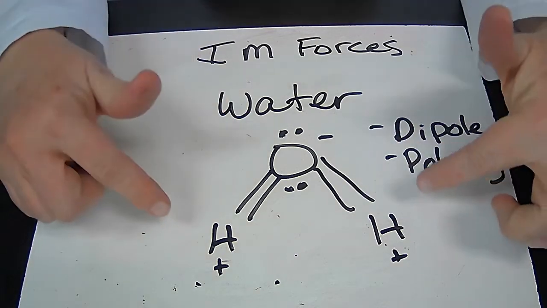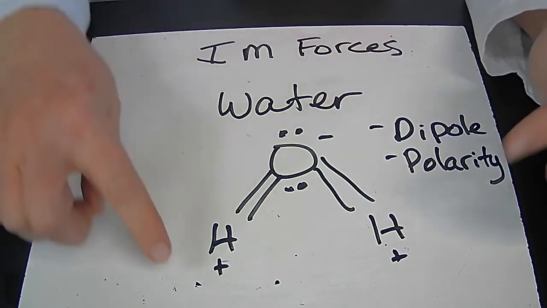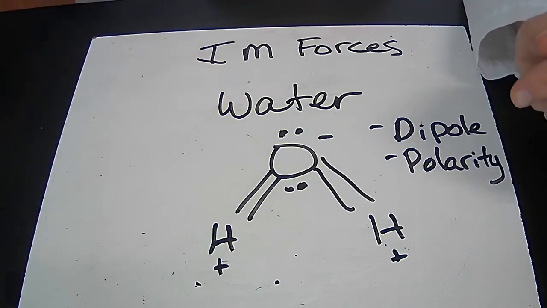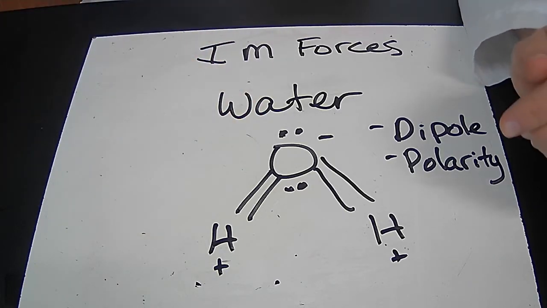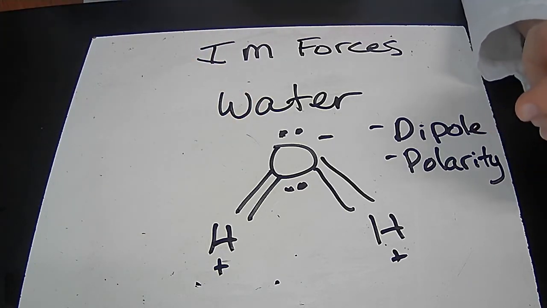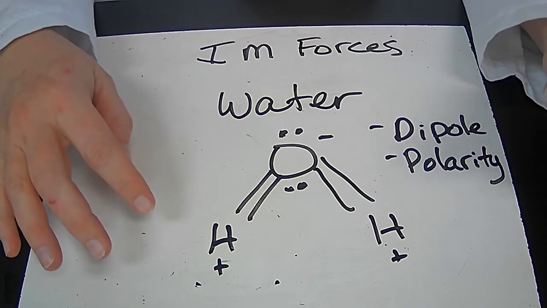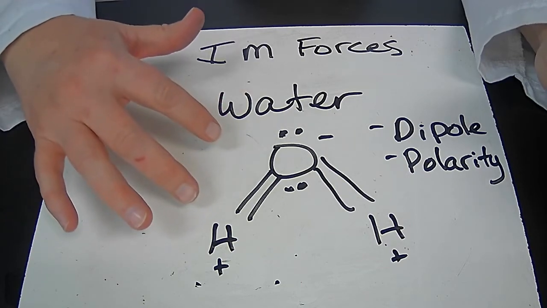And when it's bent like this, then we definitely get that dipole to dipole. So we've got this positive side where our hydrogens are and our negative side where our oxygen is. And we call this polarity. If you remember in your bond notes, you calculated a little bit about polarity, and that was due to the electronegativities of these two atoms, okay?